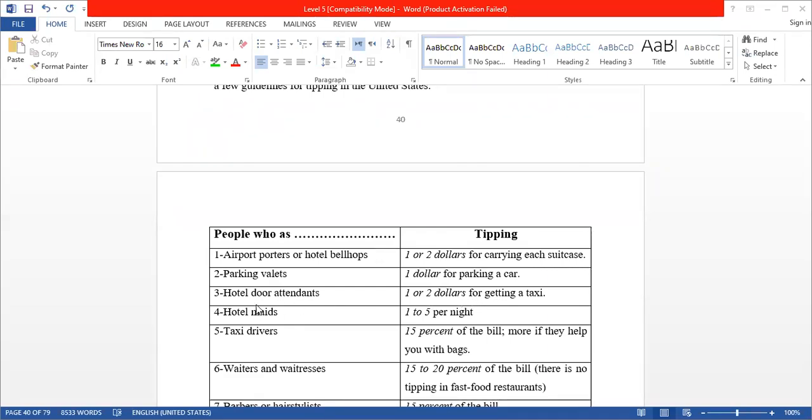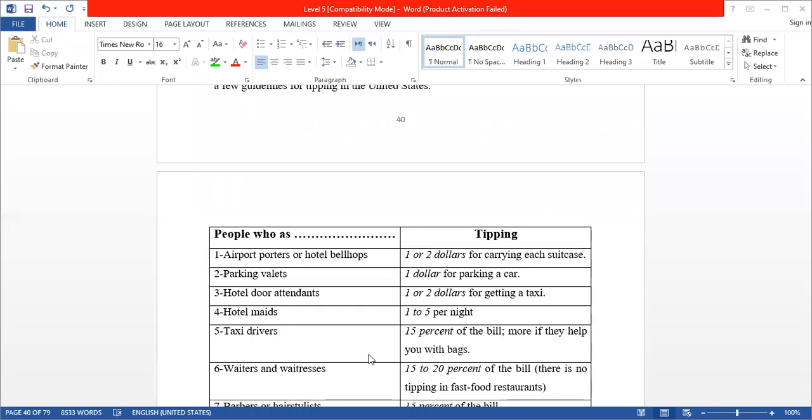So for people who work in a hotel: hotel maids, $1 to $5 per night.